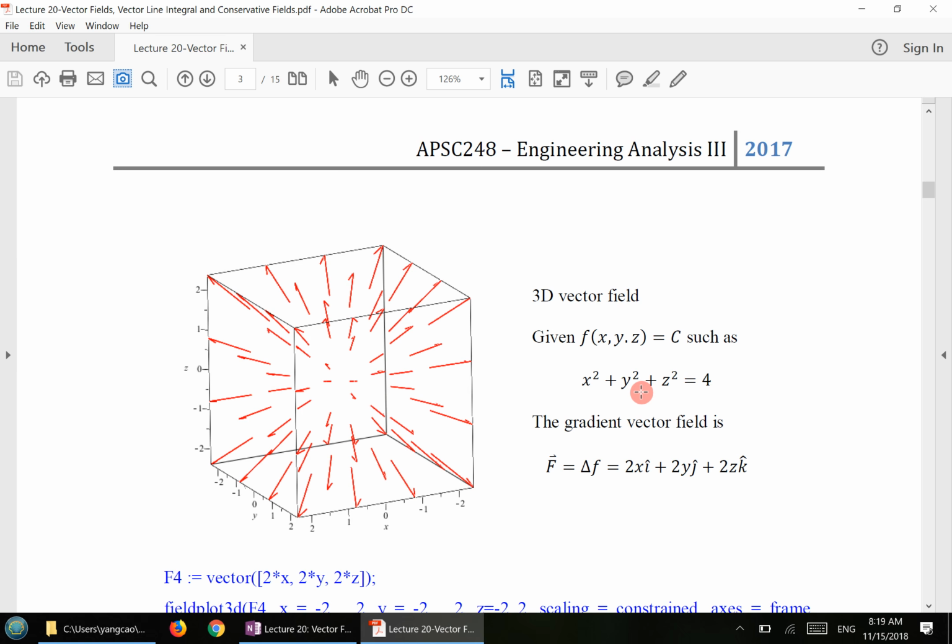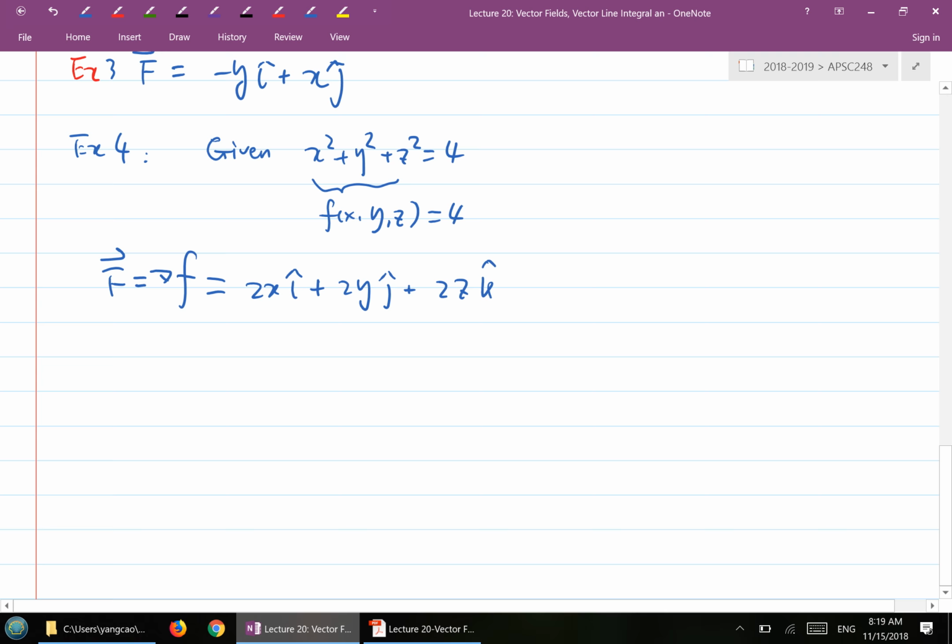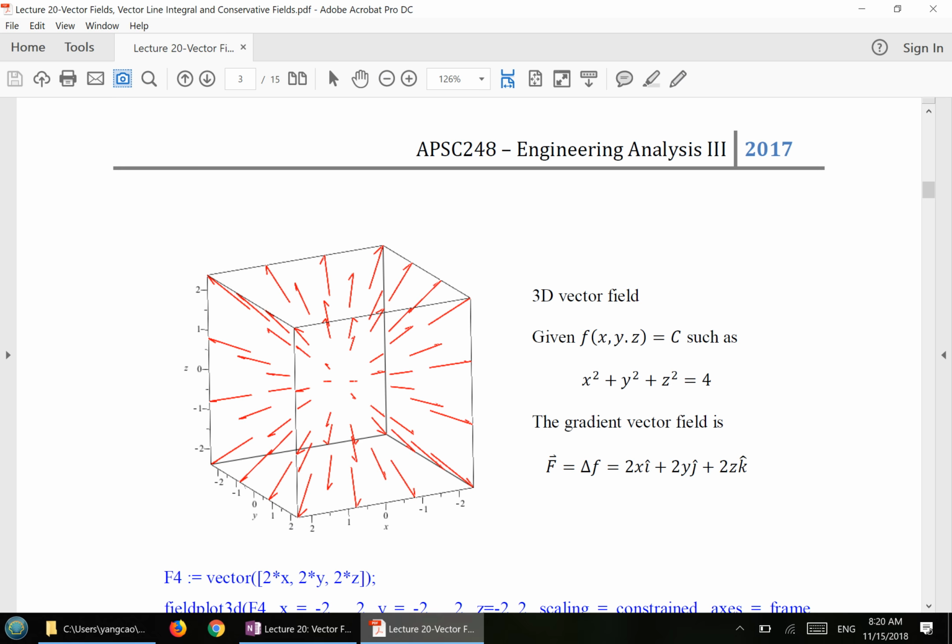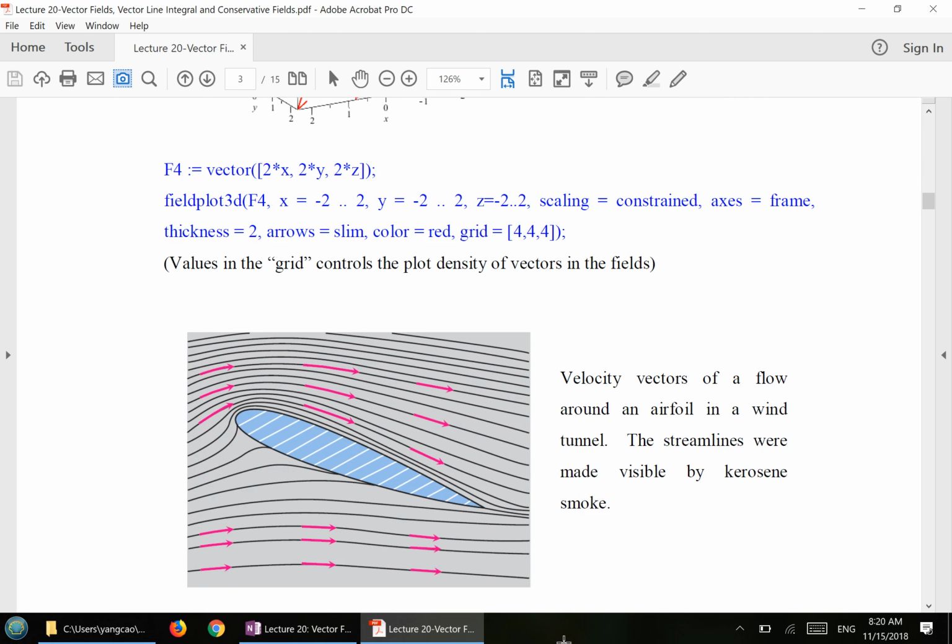Good. A vector field is also very useful for visualizing a lot of physical quantities. This is a very typical fluid mechanics, aerodynamics test. If you put an airfoil in a wind tunnel, and you want to visualize the amount of airlift with respect to this airfoil. This is the flow of the wind here.